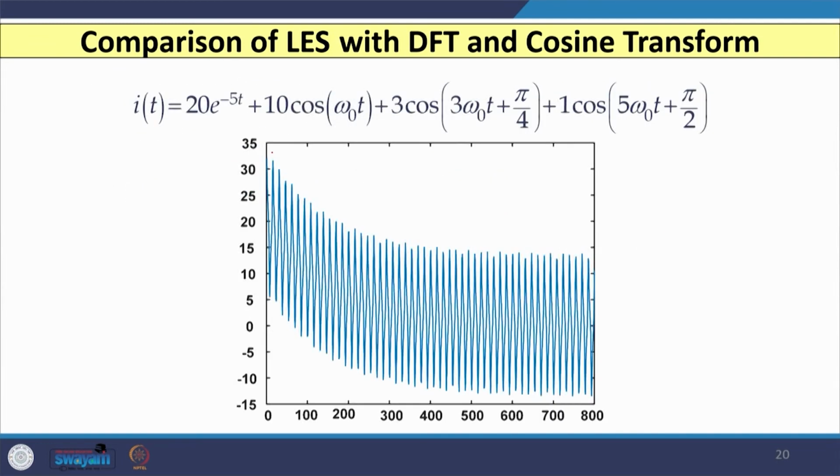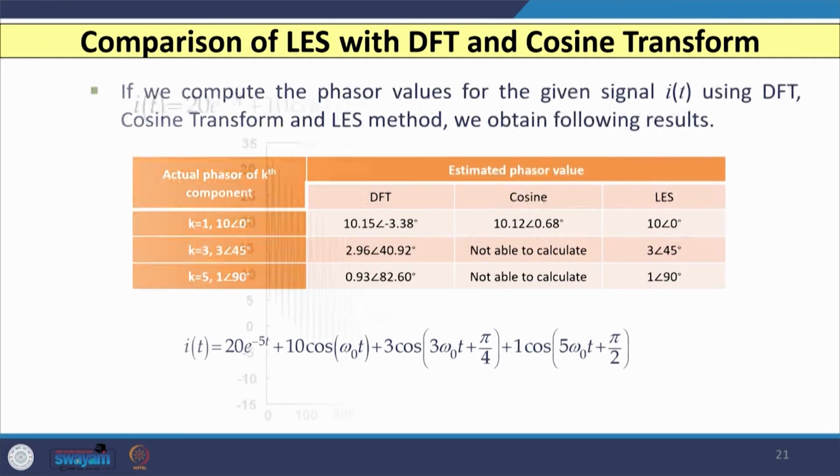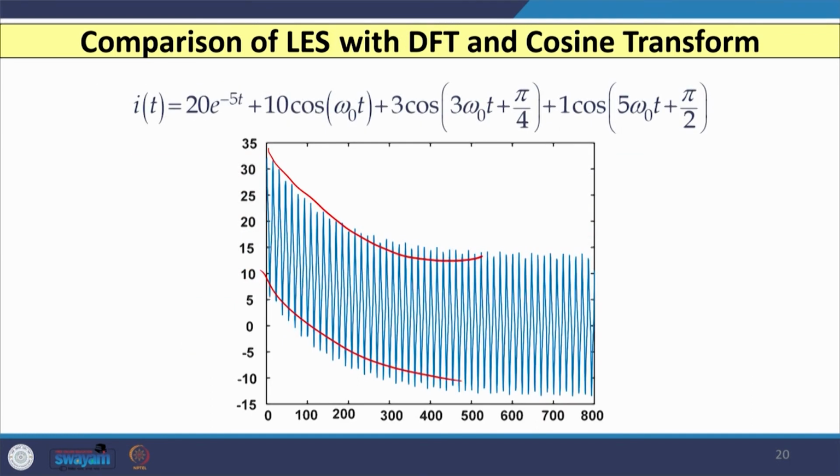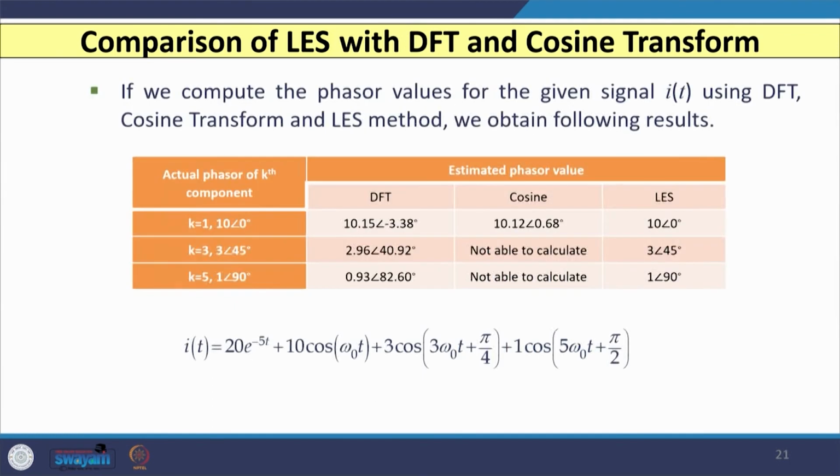So, you can see that there is a decaying DC term along with some fundamental term and some other harmonics. If we calculate the phasor value of this equation using LES, DFT algorithm and cosine algorithm, let us say we want to compare the fundamental phasor.